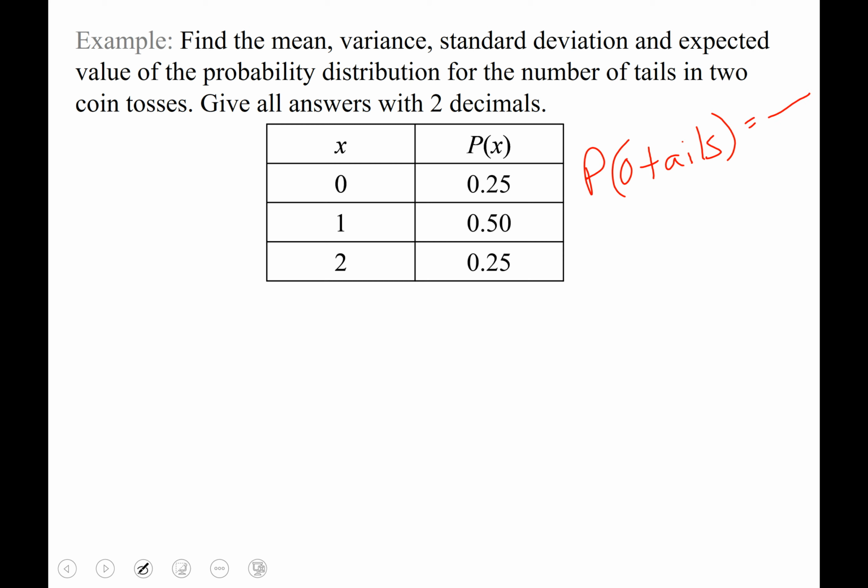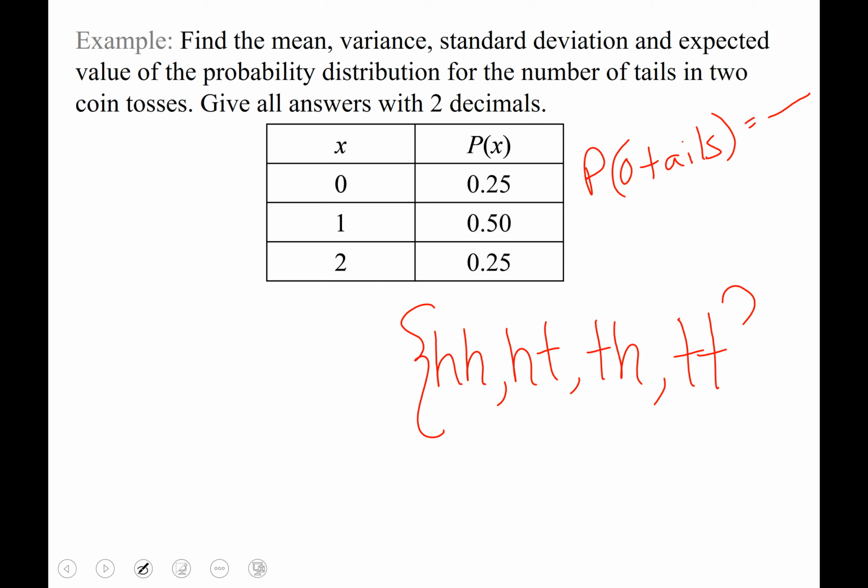Let's set up our sample space. Always start with the squiggly bracket for sample space. If we flipped the coin and got 0 tails, that would have meant we got heads then heads. Another option would have been heads then tails. Another option would have been tails then heads. And the last option would be tails then tails.